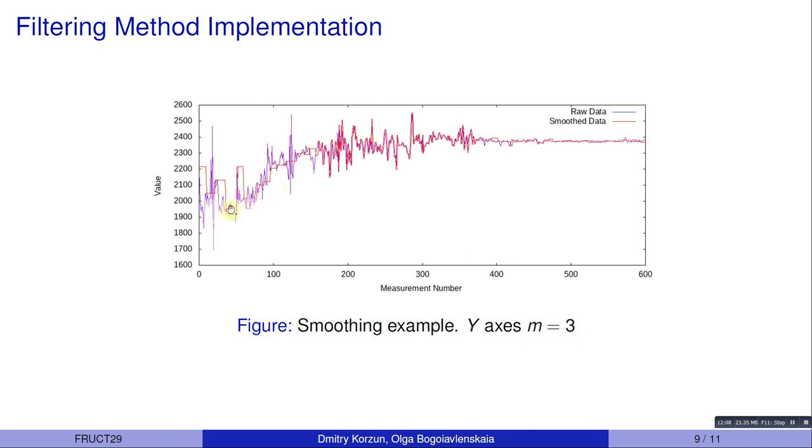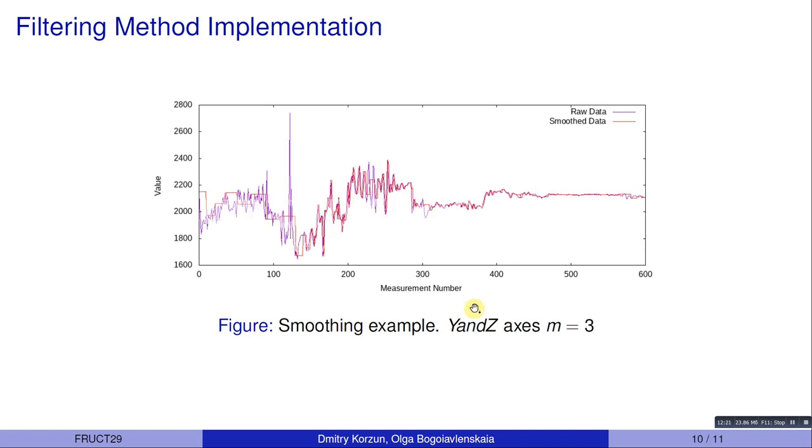Here this method successfully filters the outliers, which are here, here, and here. And the next picture is for the z-axis. I'm sorry for these misprints. Again, the outlier is successfully filtered, and the values actually follow the stream, but the delay increases.